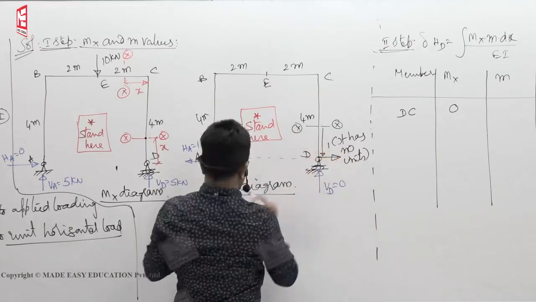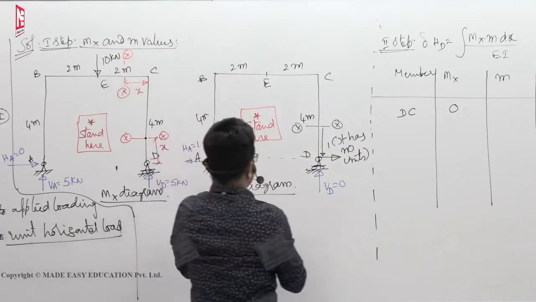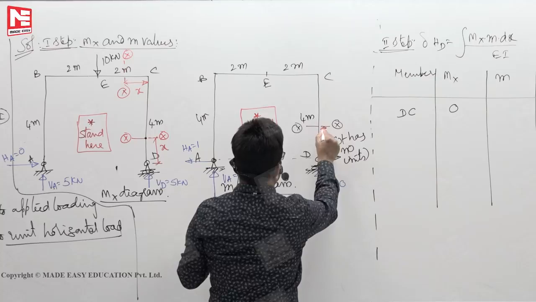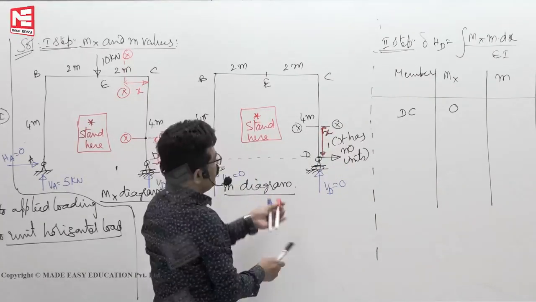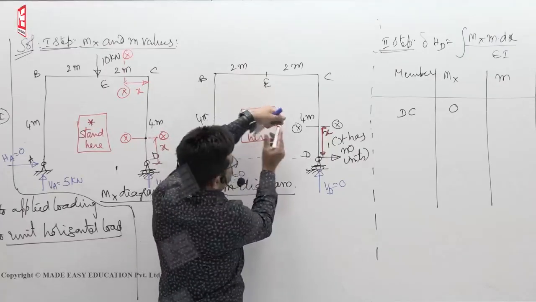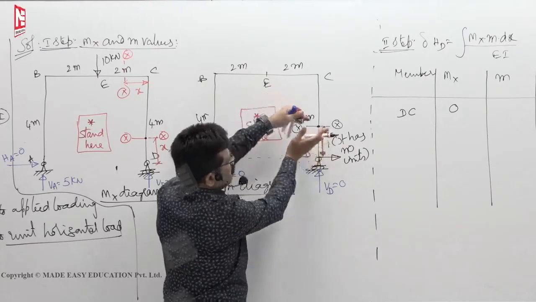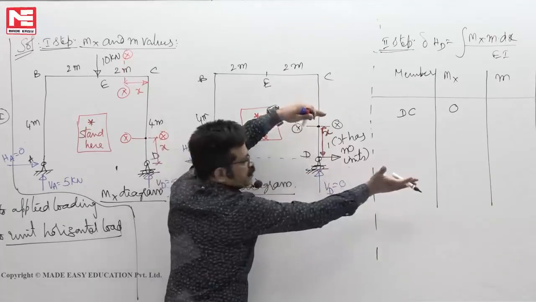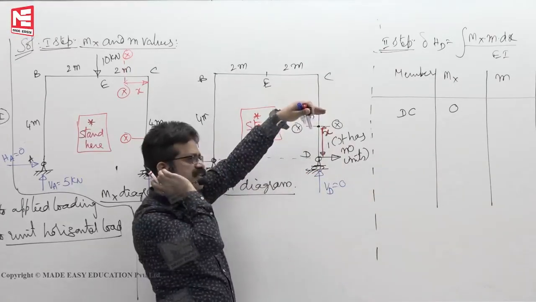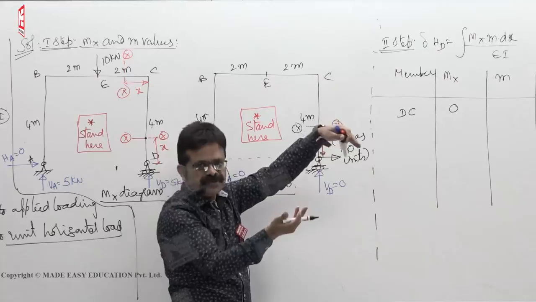Now go inside the frame and take a section XX here at a distance of x. Stand here, look right side. Section right side, one force is there. Any force that is acting upward will give positive bending moment.